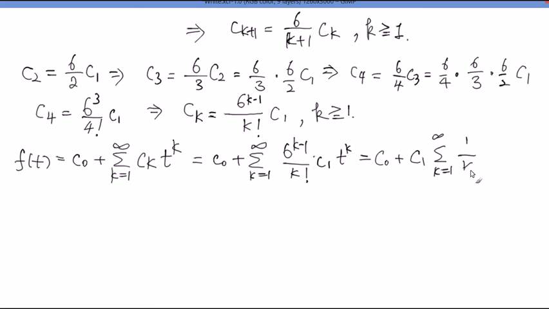k factorial is good to turn that into the exponential function, e to the x, right? But 6 to the k, you can put that inside the t to the k, don't you think? Right. So what we need is full powers of 6 to the k and t to the k. They together will go under one power, right? 6t to the k.